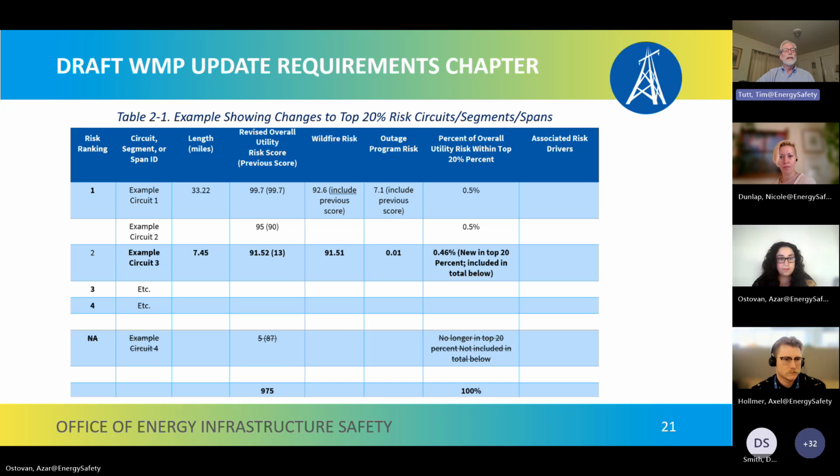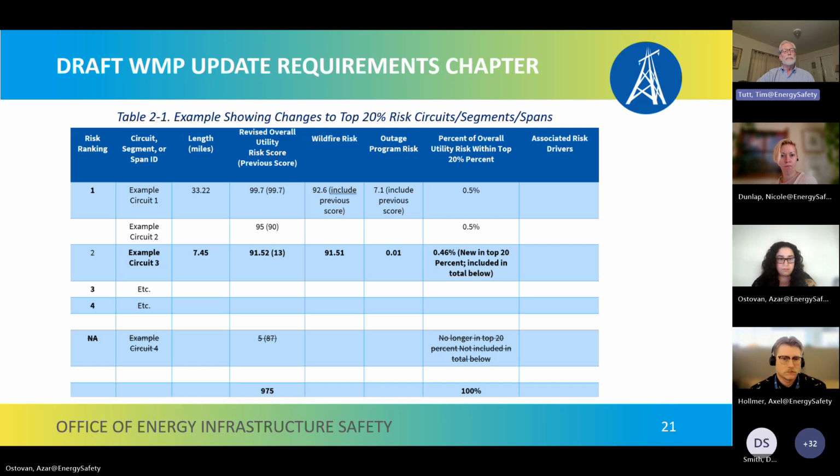Example 3 is a circuit which was not in the highest prioritization and the top 20% analysis previously, and now it is. And so we want to see that it's been included, and we want it to be shown in bold so we can tell that this is a new circuit, and we want the percentage of overall utility risk included in the summation of 100% at the bottom of that second to last column.